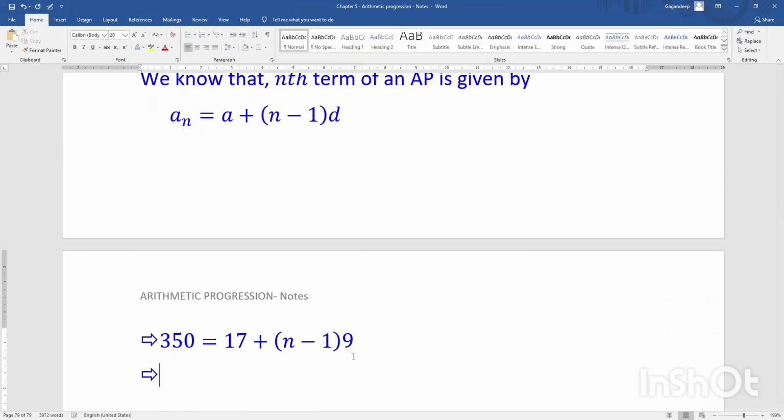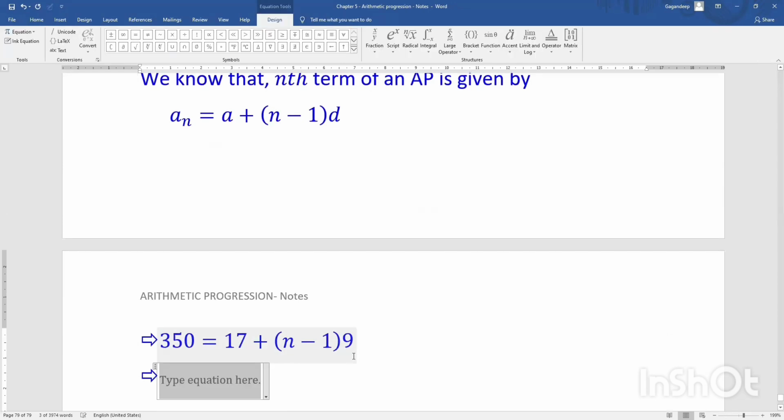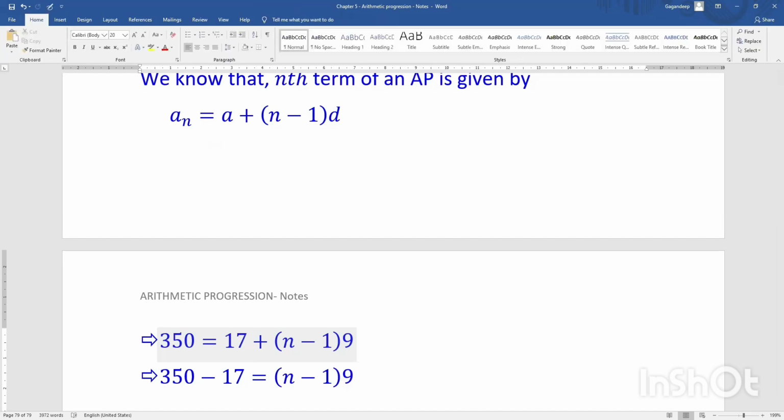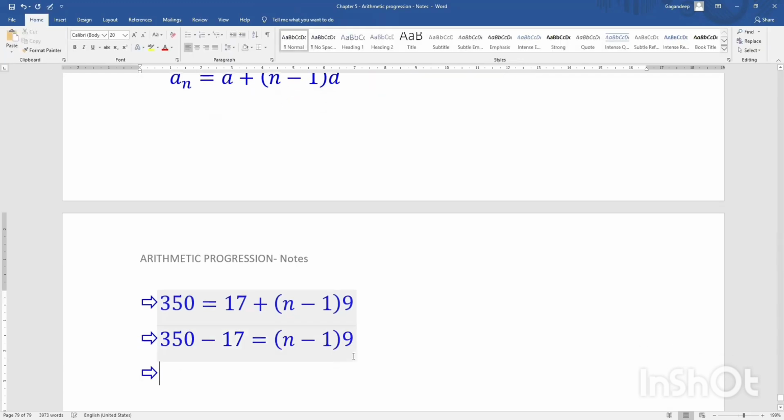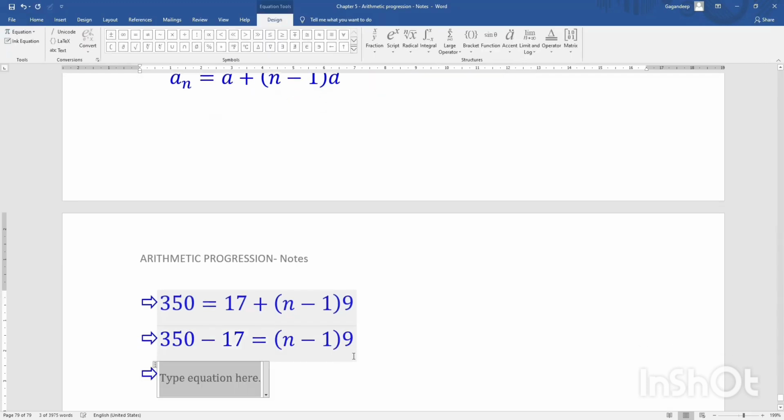Now I'm going to do subtraction. So 17 is transposed to the LHS, so it becomes 350 minus 17 equals n minus 1 into 9. It is equal to 350 minus 17, which gives you 333 equals n minus 1 into 9.